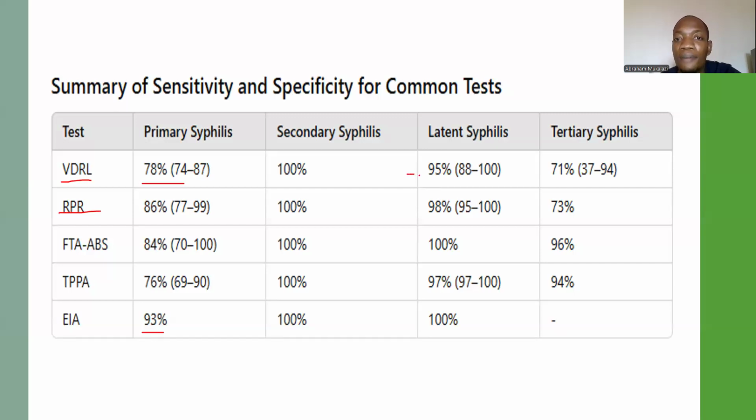Even VDRL becomes 95%, and when it comes to tertiary syphilis, it's only 71% sensitive. RPR has 68 in primary, 100, then 98, and for tertiary, it has 73. That's why you may need to do one or two tests at the same time, or even after a couple of months, to make sure that you have not missed syphilis.